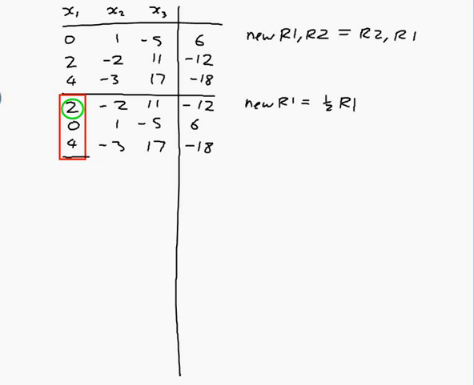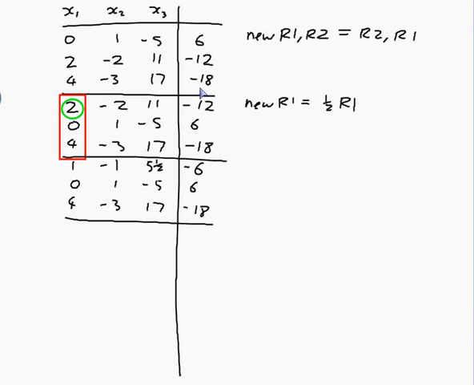So let's see. 1, minus 1, because negative 2 divided by 2 is negative 1. 11 divided by 2 would be 5.5. And minus 12 divided by 2 would be minus 6. I haven't changed any of the other rows, so I'll just copy them back in.